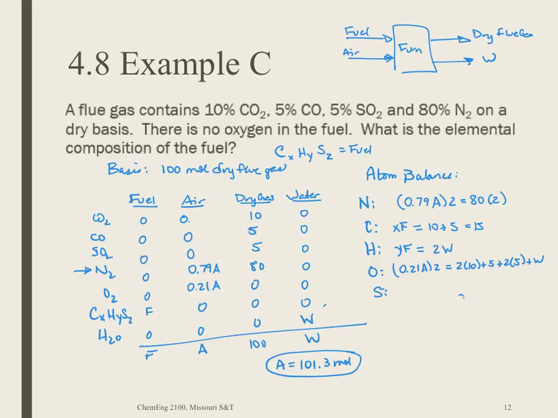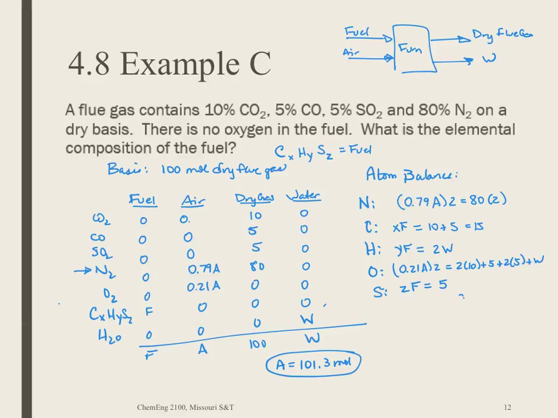And then finally I have my sulfur. Sulfur comes in only in the fuel, ZF, and it leaves only in SO2. So ZF is 5, XF is going to be 15.